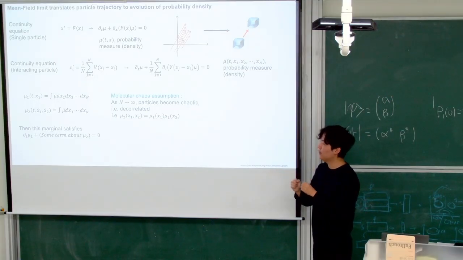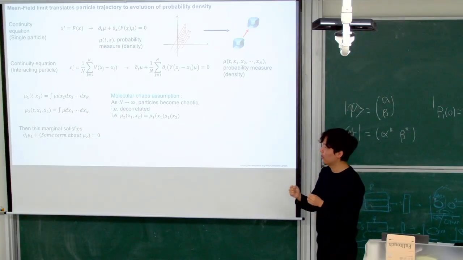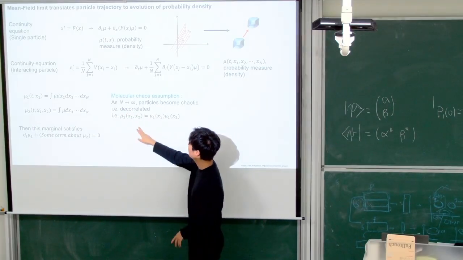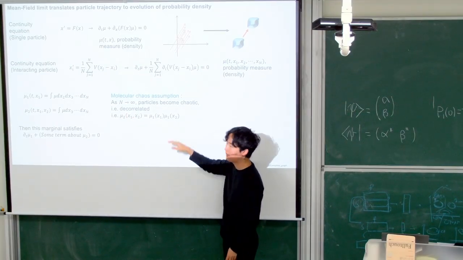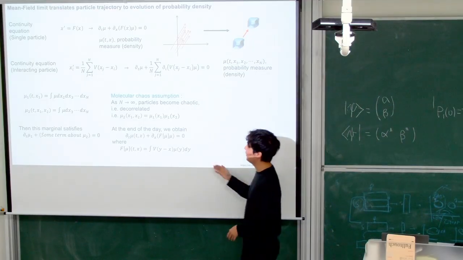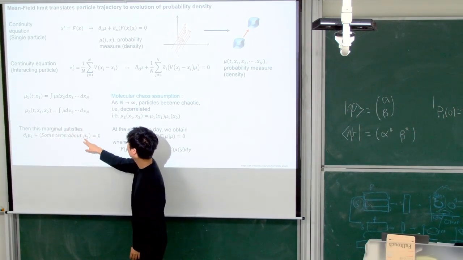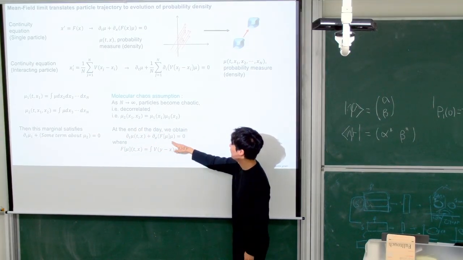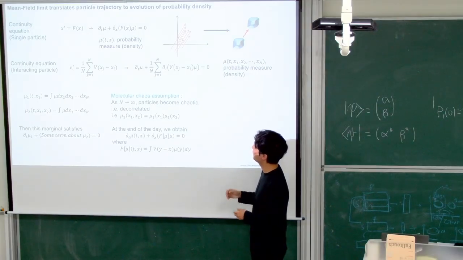That means the trajectories are independent, so they are not correlated. They are decorrelated. In other words, the marginal distribution of two particles can be decomposed into a product of the first marginals. Intuitively. Then at the end, you can decompose this annoying term, mu2, by mu1 and write down a single PDE for mu. This is one step, a typical step for the mean field limit.